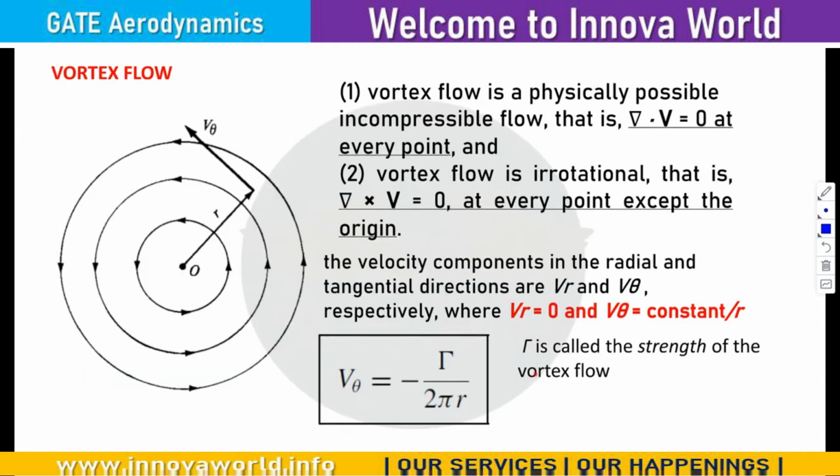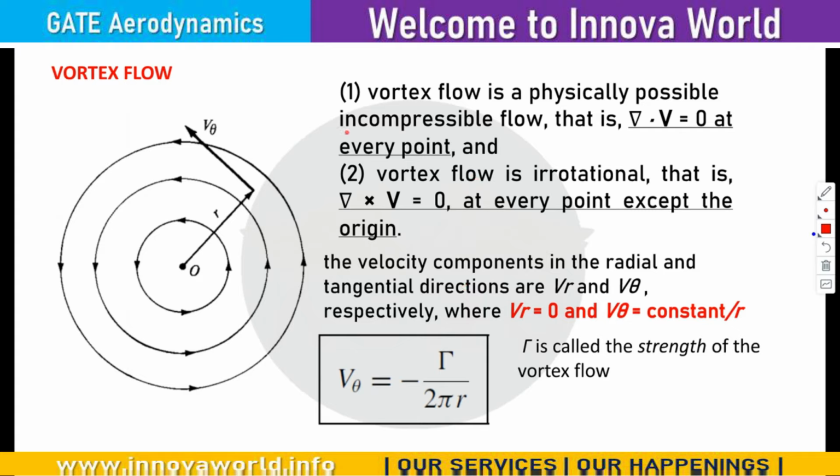All right. So yes, another very important statement, that is how these vortex flows physically change in terms of incompressible flow and irrotational flow. Now let's see the statement here.